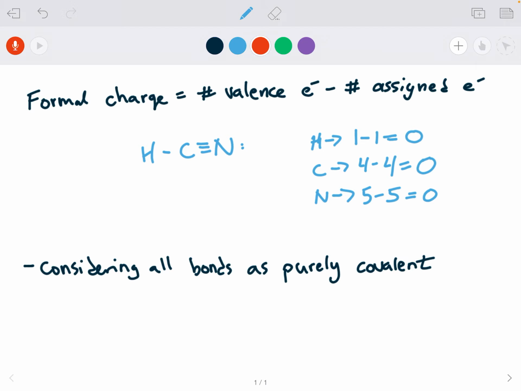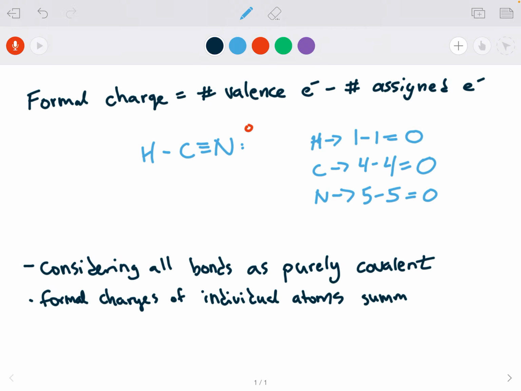And notice that the overall charge of this molecule is 0. So the formal charges of individual atoms summed up is equal to the total charge of the compound.